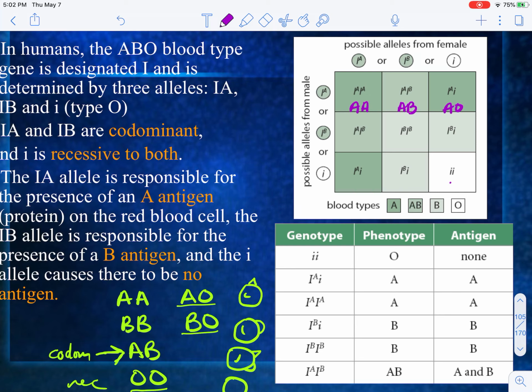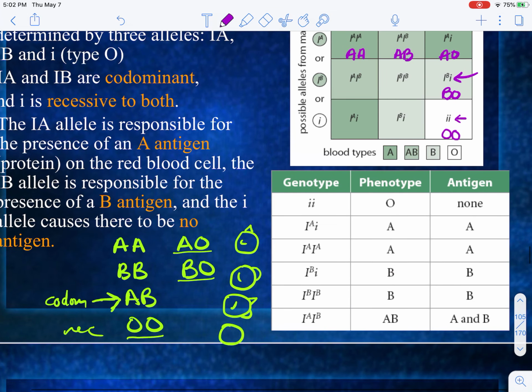If they are OO, then I'll be writing that. But you may see a diploma question that uses those letter I's and puts BI to mean B carrying an O, and ii means that it's OO. That I system is, to me, just another thing to write, so I never write those down. But you guys can figure out what it means.